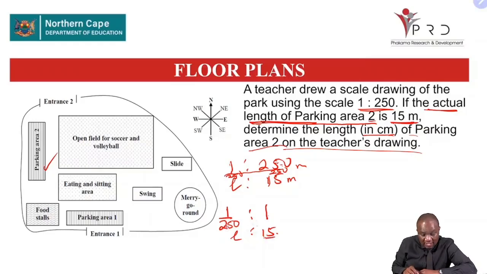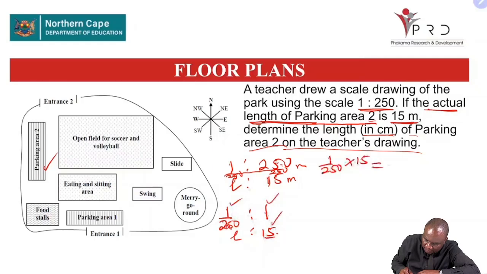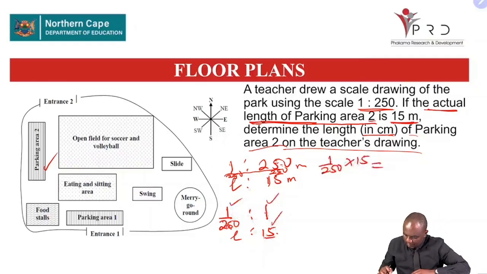You have to say 15 times 1 over 250, isn't it? So what about 15? We have to say 15 times that. It's going to be 1 over 250 times 15, which is 15 divided by 250.